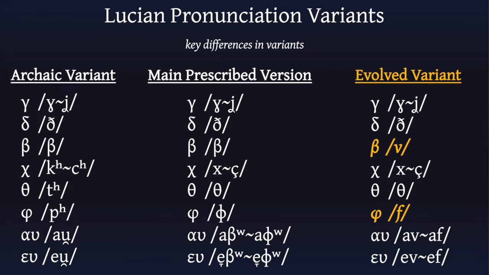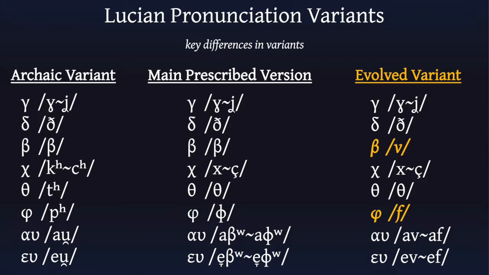And we can call this the evolved version, where we have a fa for phi, va for veta. But that means words like autos, which means self or he, has to be aftos, as in the modern pronunciation. And also the eu has to be ev or ef. So evgenia, it can't be eugenia.